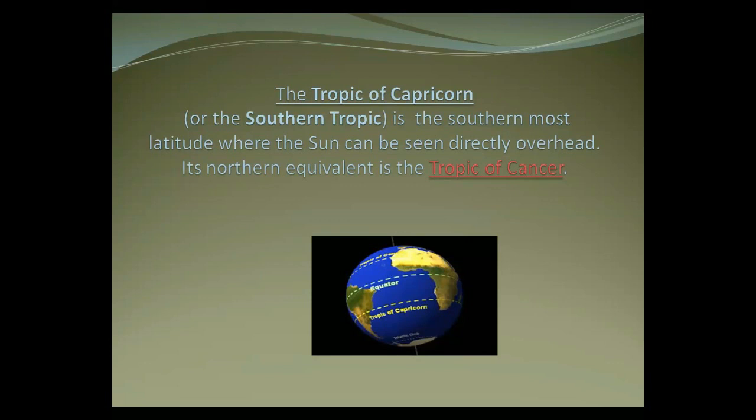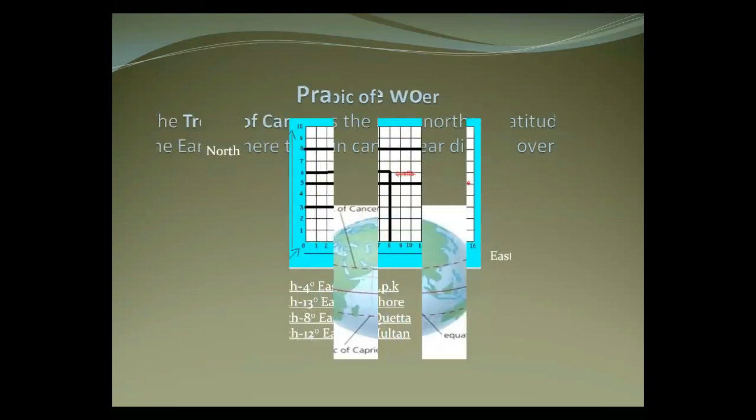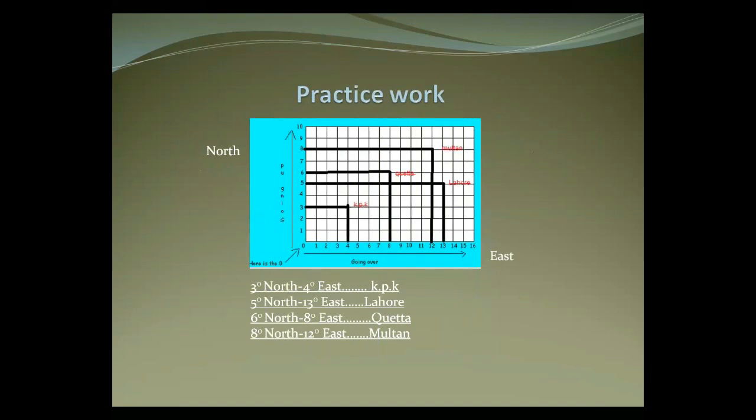Now, dear students, kindly understand this graph of longitude and latitude, because it is a practice work for your better understanding. The same exercise is given in your book, page number 33.